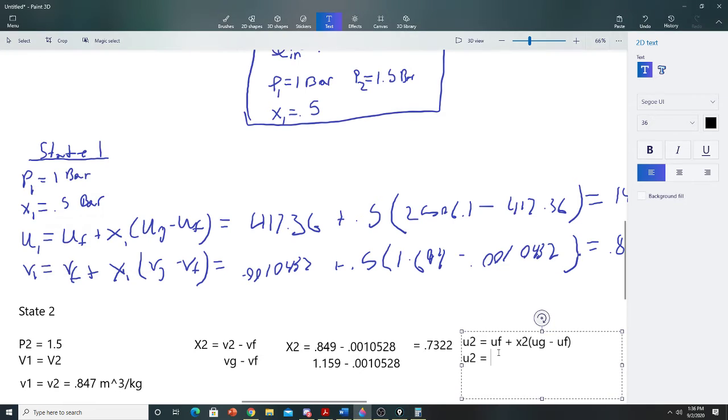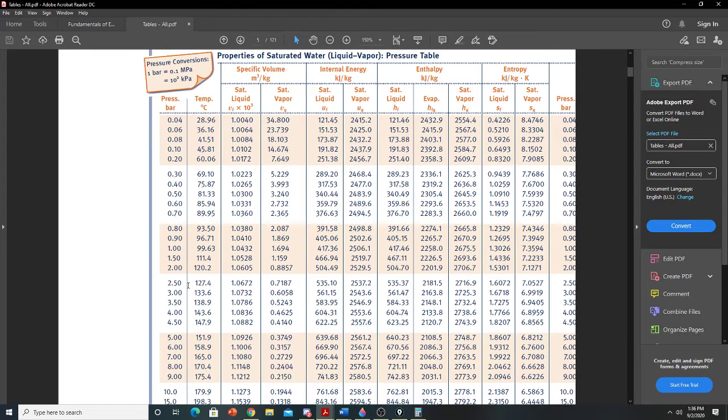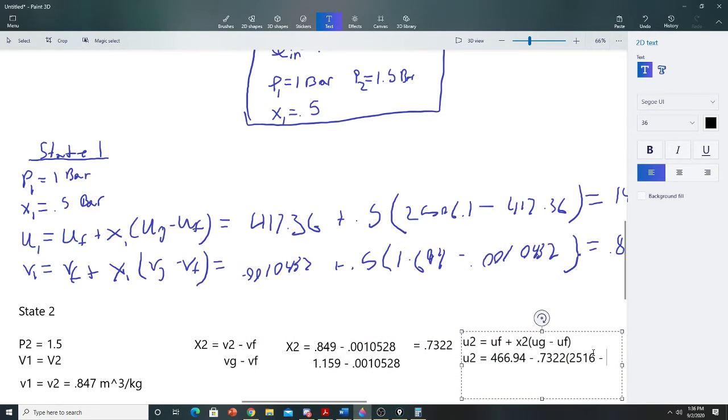466.94, and I'm going to write it in here as well. So 466.94 minus our new X value, which is 0.7322, times our UG value, which I recall by looking at the table was 2516, I believe, which I'll make sure again. 2519. 2519 minus our value that I just put in there, which is 466.94.